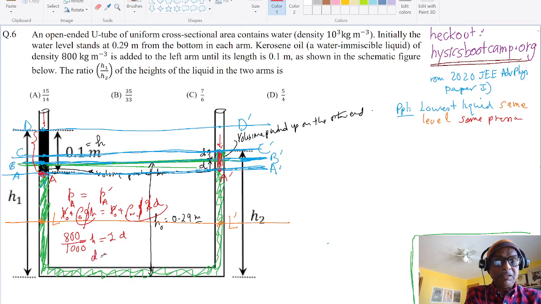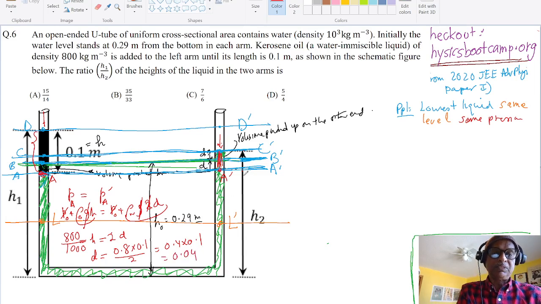D is equal to 0.8, and H was 0.1, over 2 is 0.4 times 0.1 is 0.04. So D is 0.04 meters. Actually this should probably be done in centimeters.